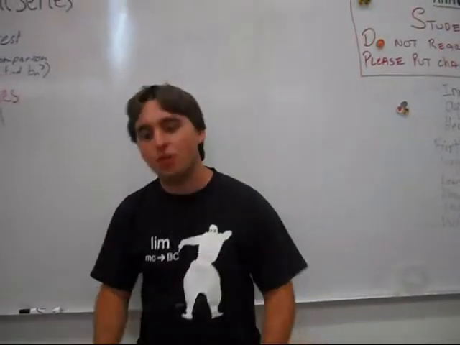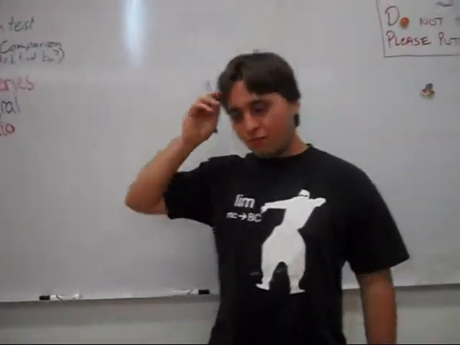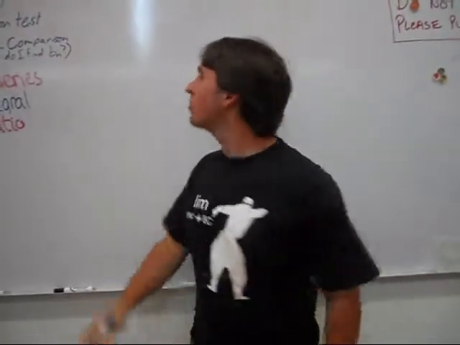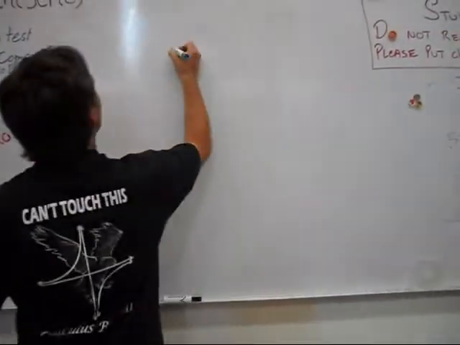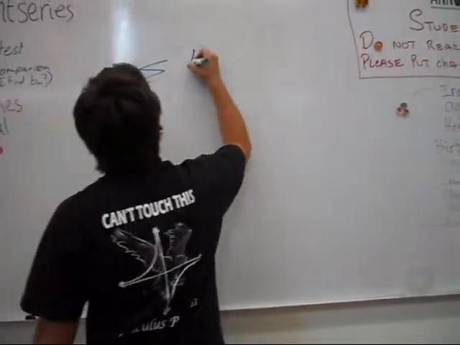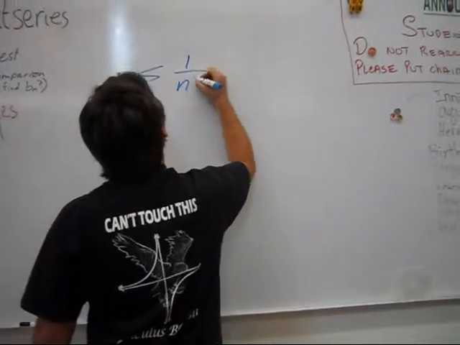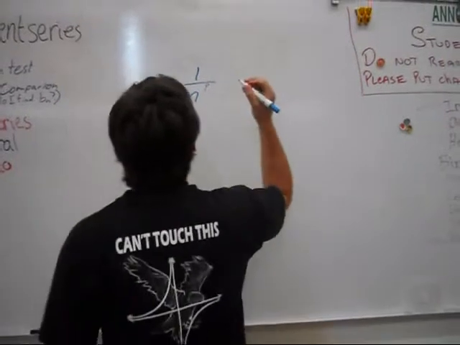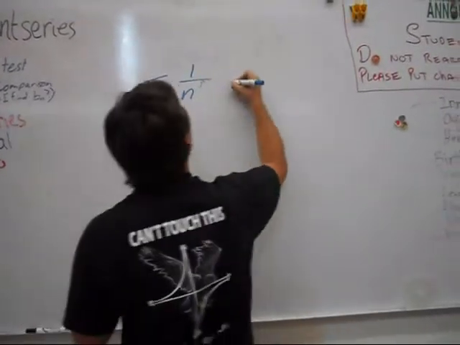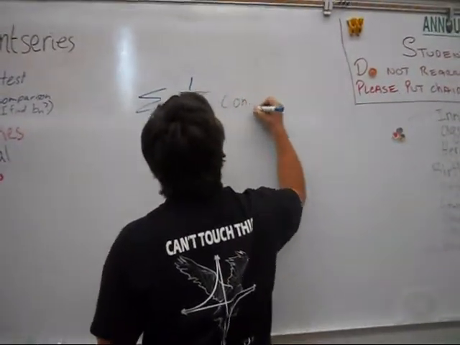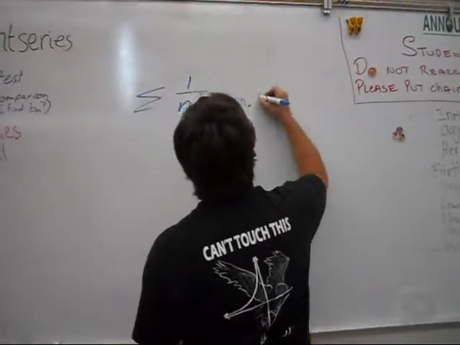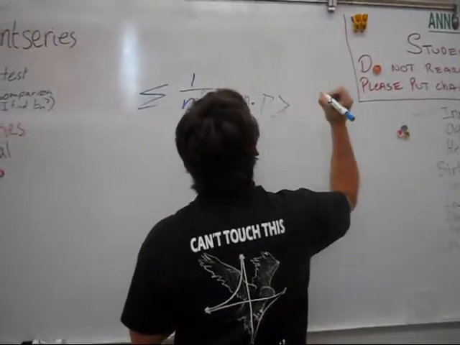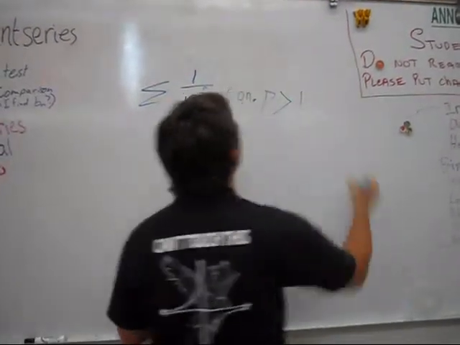P-series time, children. Okay, general term, right. So, we have a series 1 over n^p. Now, this is just the rule for P-series, right? So this is what it looks like, and it converges when p is greater than 1. Greater than 1. So like 2 or 3 or 4.